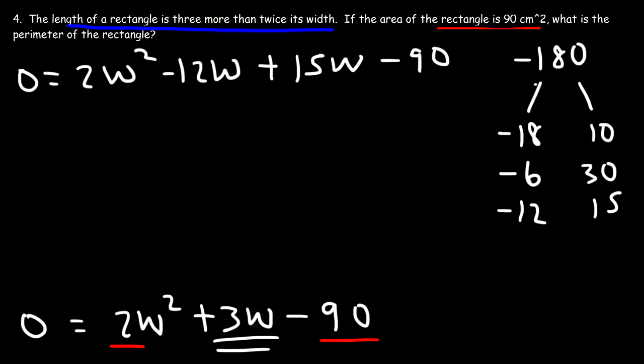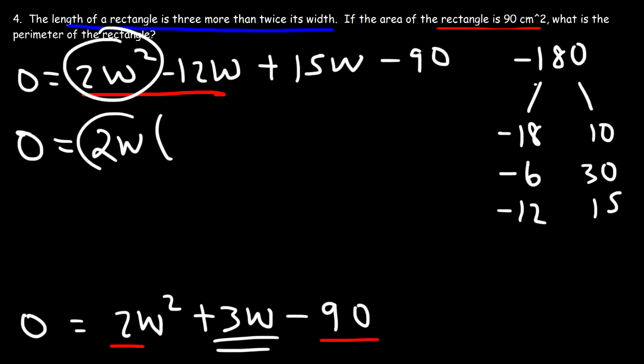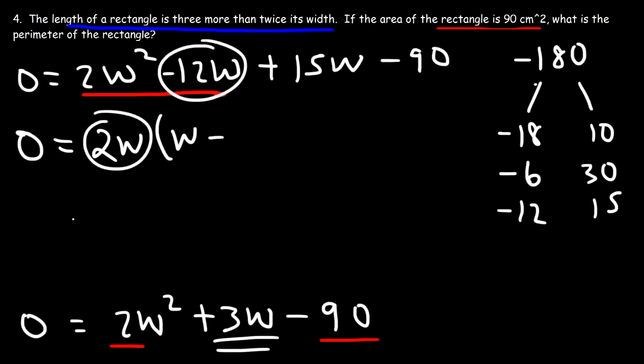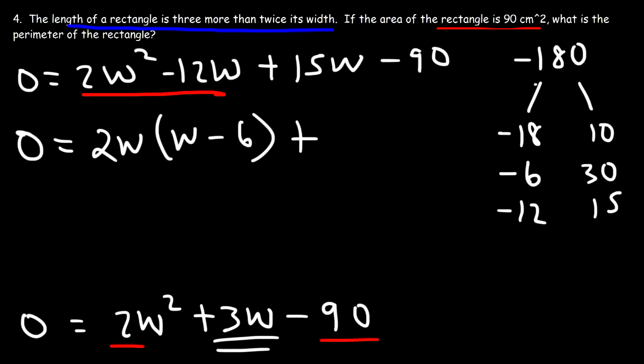And now let's factor by grouping. In the first two terms, let's take out the GCF, the greatest common factor, which is 2w. So 2w squared divided by 2w is w, and then negative 12w divided by 2w is negative 6. In the last two terms, let's factor out the greatest common factor, which is 15.